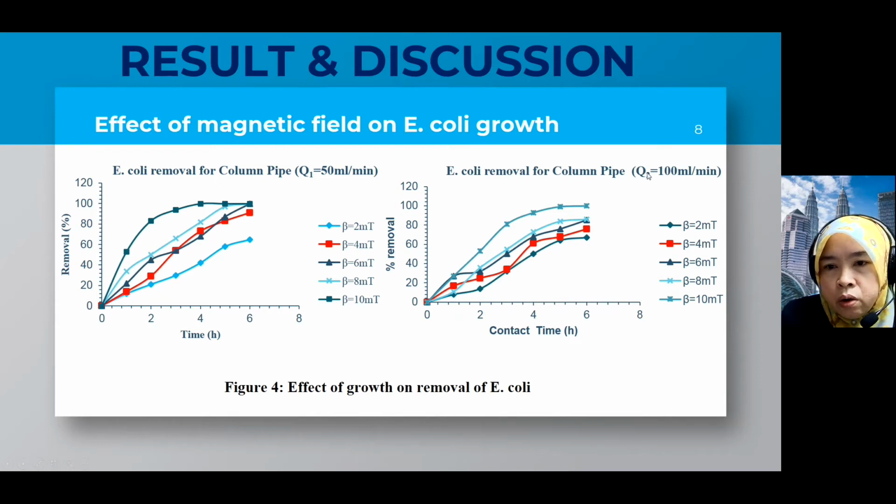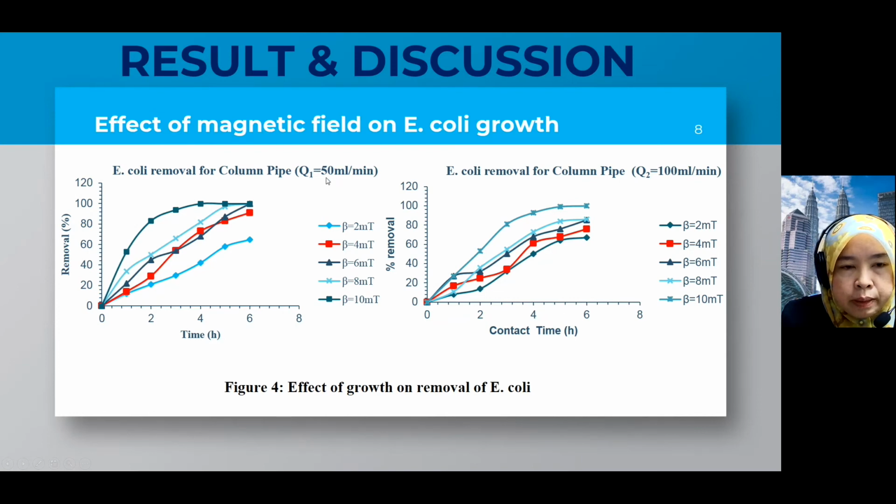For the pipe with flow rate of 100 ml per minute, the E. coli has been removed 100% by using 10 millitesla, achieved at 6 hours of contact time, or 6 hours of exposure.